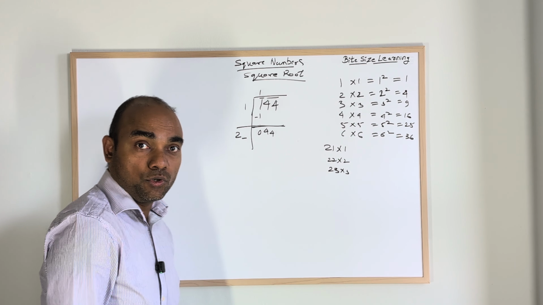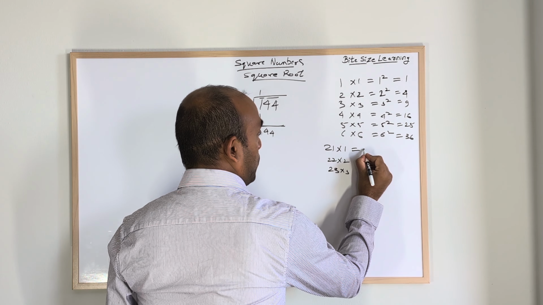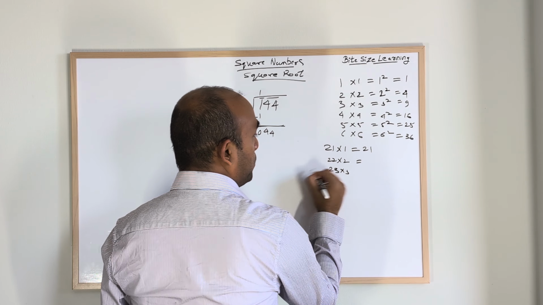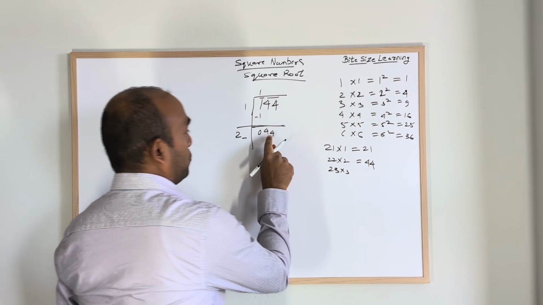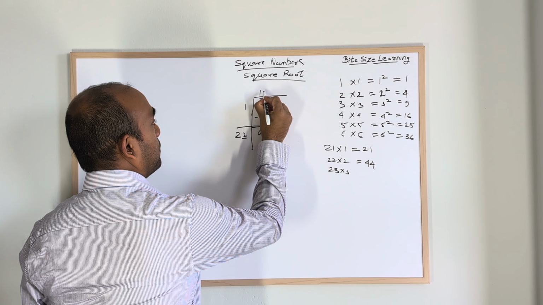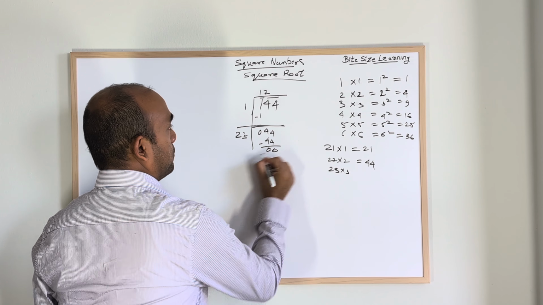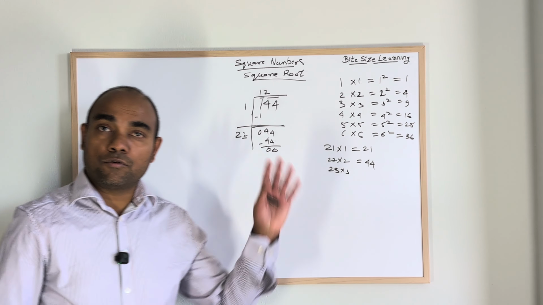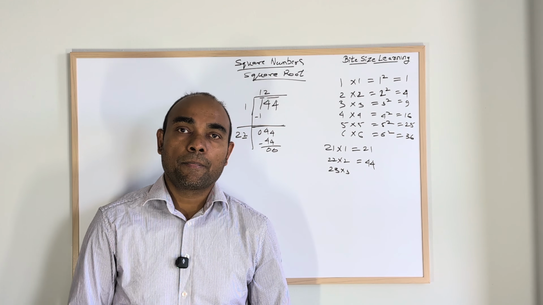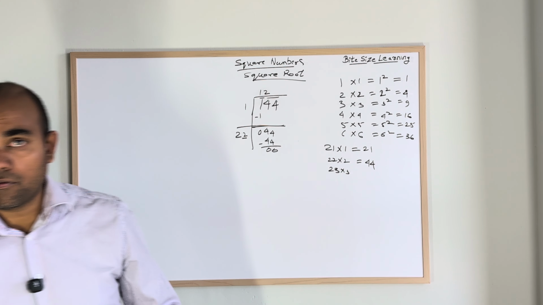So 21 times 1 is 21, 22 times 2 is 44. You reach that number. So you will have 2 here, and then 44. So the square root of 144 is 12. This is the easiest method to find the square root of any number.